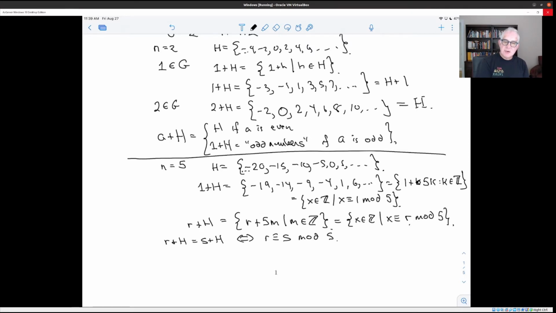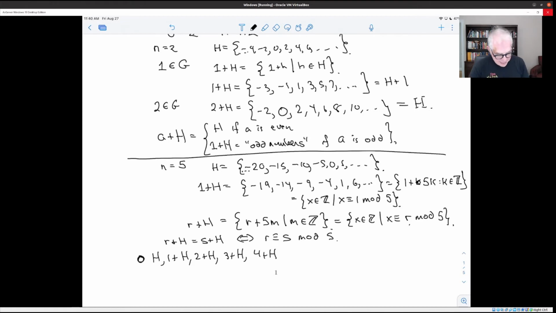So, in fact, there's only 5 cosets, and they correspond to the congruence classes mod 5. There's H, which is the multiples of 5, 1 plus H, 2 plus H, 3 plus H, and 4 plus H. And in general, if you take a plus H, it's going to be one of these 5.